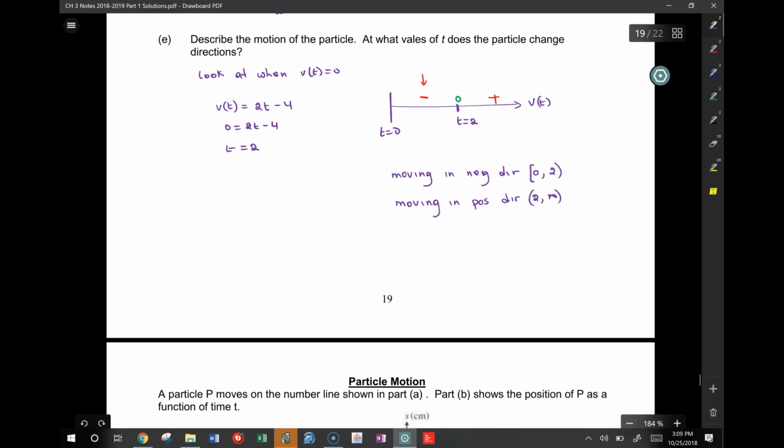And it turns around at t equals 2, because otherwise it would keep going forever.